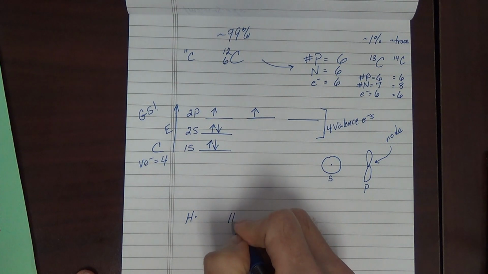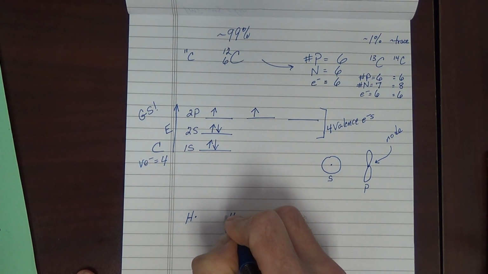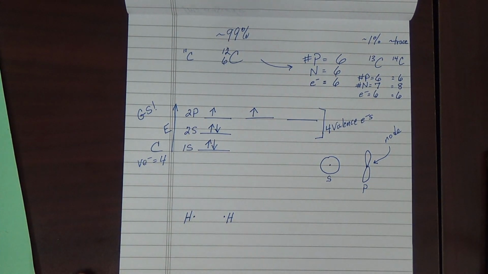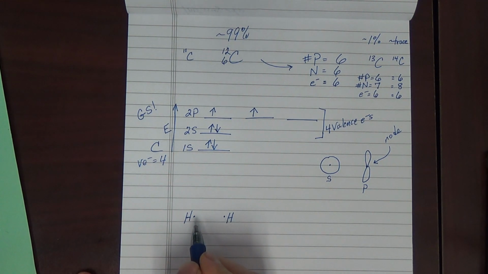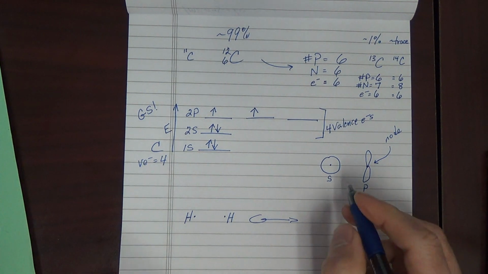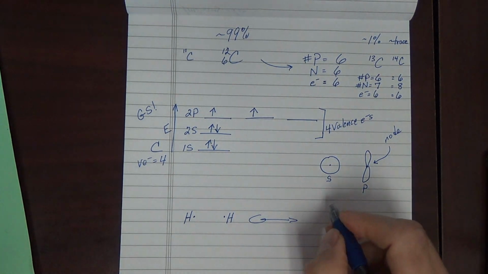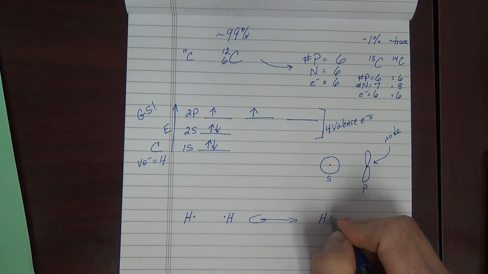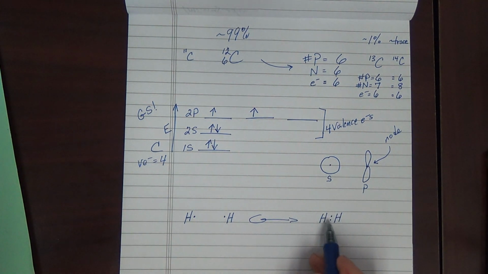What if there was another H hanging around in chemistry land? And these 2 could come together and magically create a bond, which would be 2 electrons between the hydrogens. And when we say hydrogens, I'm referring to the nuclei.